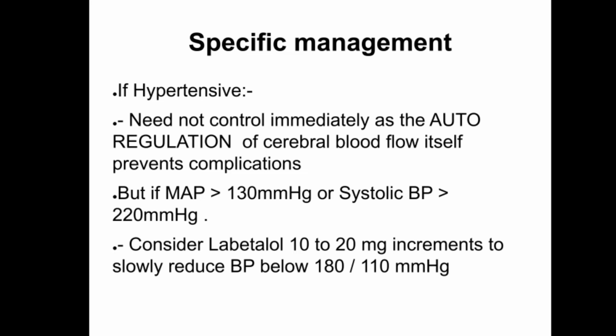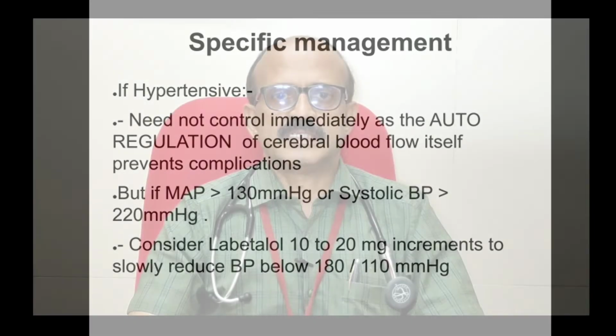If it is not happening, then a very small dose of antihypertensive like labetalol, bring down up to 25% reduction, not more than that, because if you bring down the blood pressure drastically or suddenly, the ischemic penumbra may be involved and there can be loss of that area.